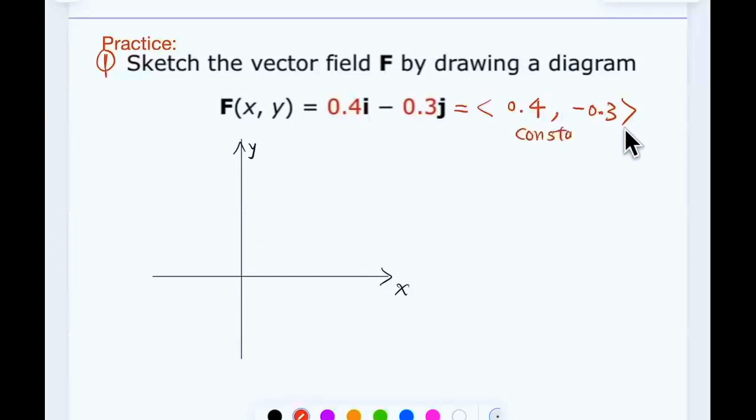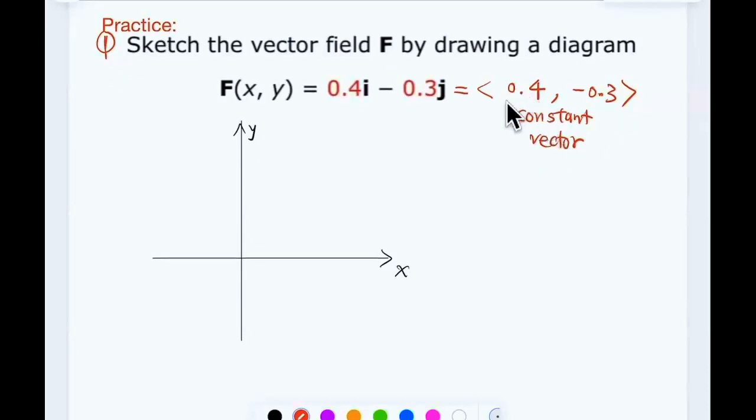Which means that it doesn't depend on the location of the point. It always has this constant vector, right? So how does it look like? Well, along the x direction, you're going to go 0.4, and then along the y direction, you're going to go down 0.3. So the vector is going to look like this.